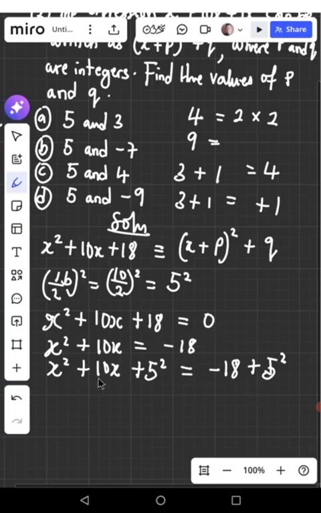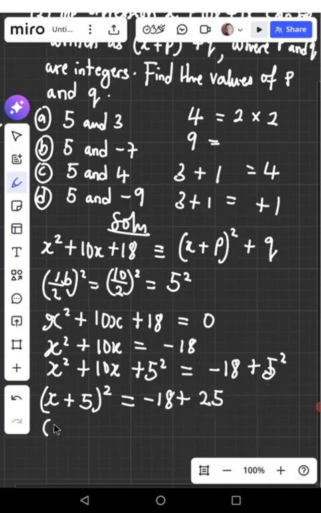So with this expression now, once you have a square here and a square here at the extremes, it can be written this way: x plus 5 all raised to the power of 2. So the whole of this left hand side can be written this way. This side will now be minus 18 plus 25, since 5 squared is 25.